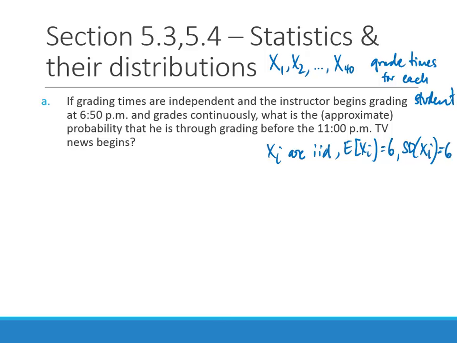And we want to know something about the total grade time for all 40 of these papers. We can just add all those up. That'll be T, the sum from i equals 1 to 40 of the Xi, which is the total grading time.